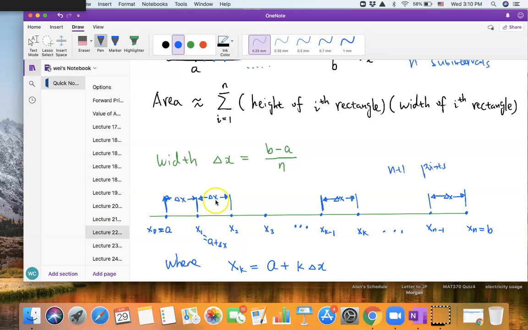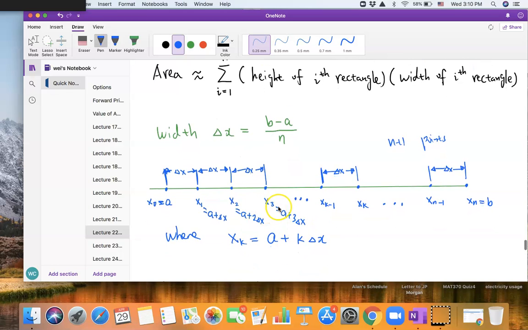And x2 is a plus delta x and add another delta x, so it's a plus 2 delta x. And x3 is x2 plus another delta x, so it is a plus 2 delta x plus delta x, which gives us a plus 3 delta x.